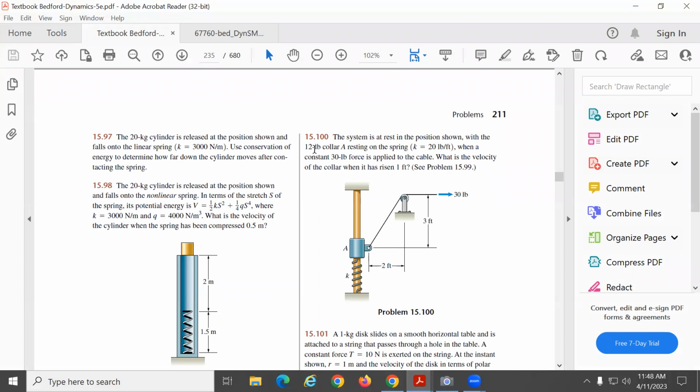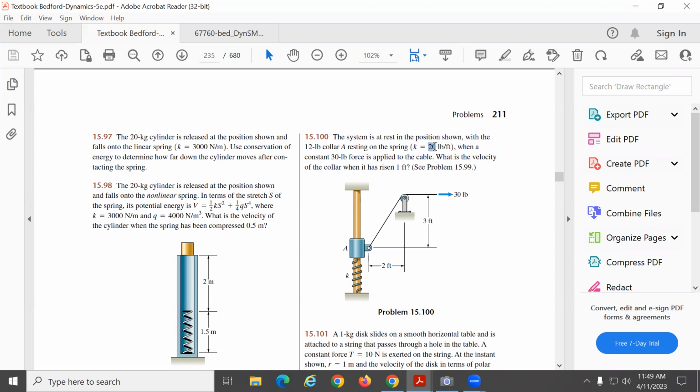The weight is 12 pounds. I forgot to put this. Be careful here, the 32.2 is in feet per second squared. Oh, this is the weight, not the mass. So do 12 divided by 32.2 basically.